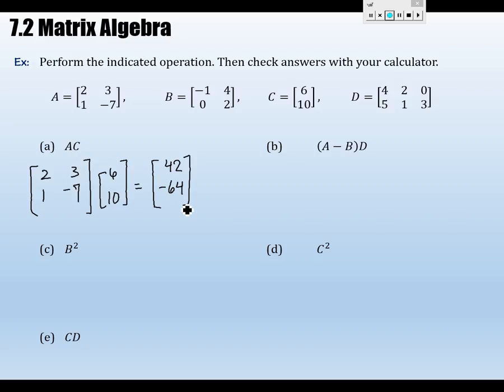Are any of these undefined? Yeah, D and E. Both D and E can't be done? All right, D and E apparently can't be done according to Cameron.